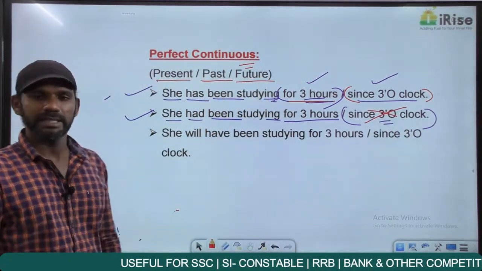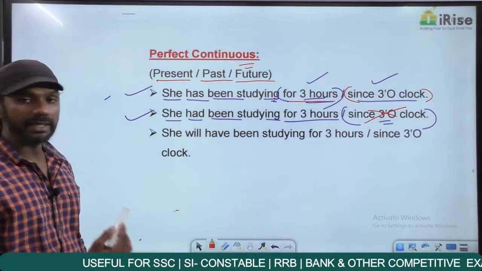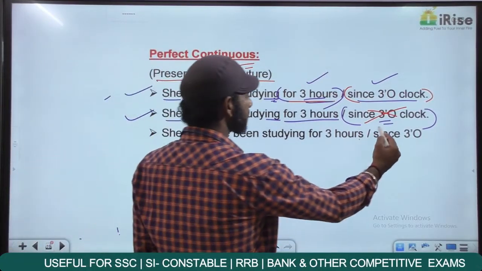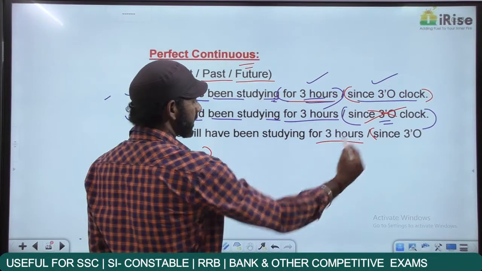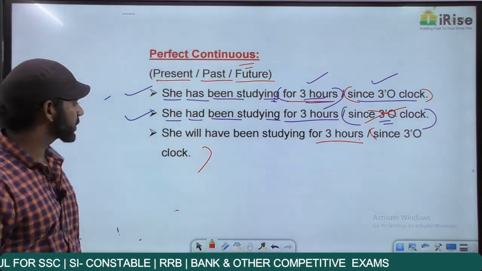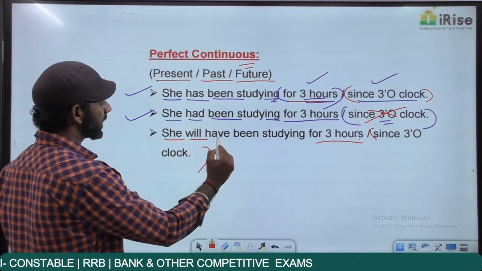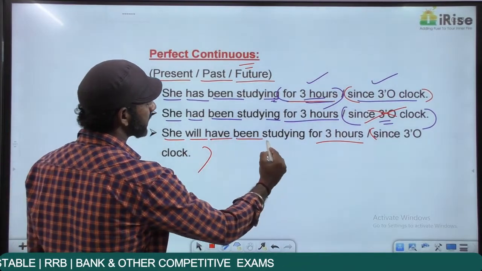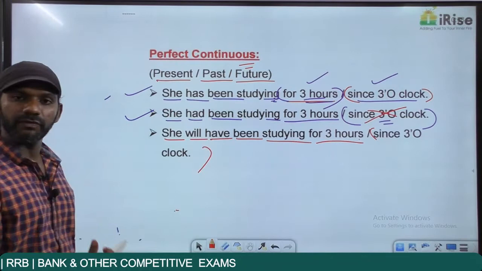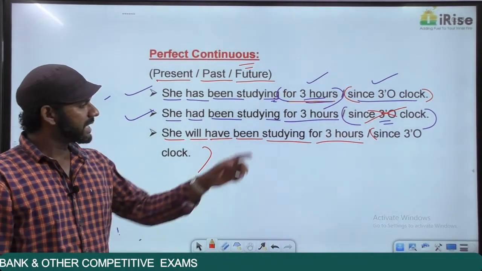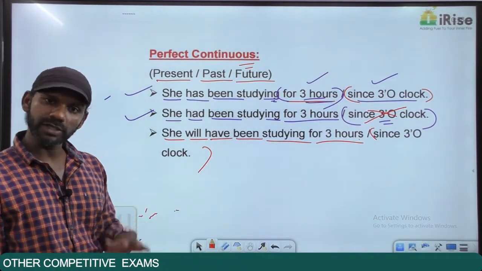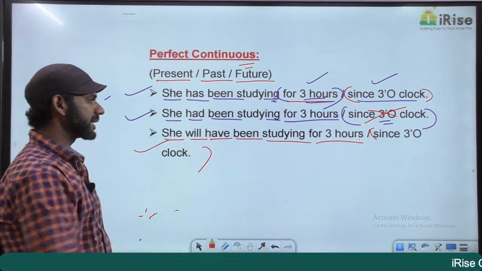Come to last one. She will have been studying for 3 hours. 3 hours is period of time. For 3 hours is correct usage. She will have been studying is subject plus will plus have plus been plus V1 plus ing, future perfect continuous. For can appear in future perfect continuous, grammatically correct.